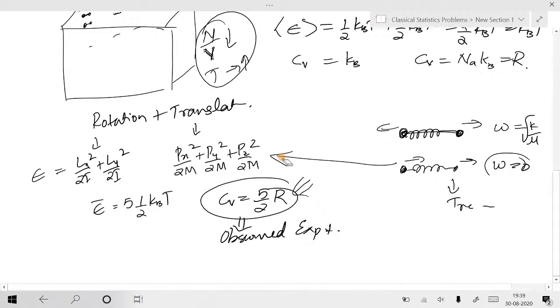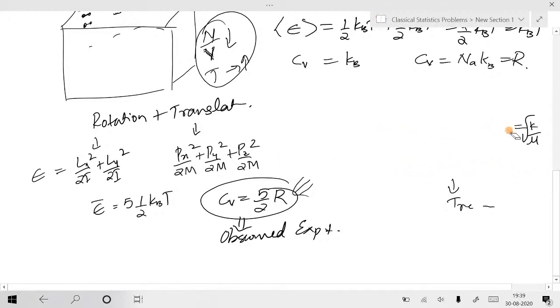Wait. The mistake that I might have made, can anyone guess what it is? This is not about modes actually. If you have vibration, that part of the energy, that is a one dimensional vibration actually.